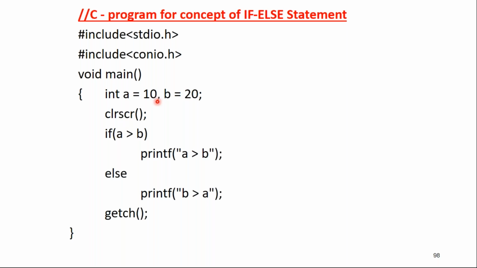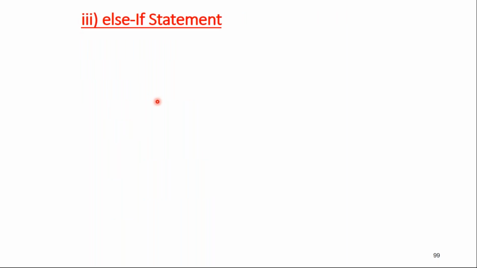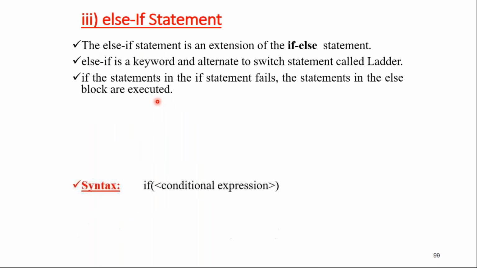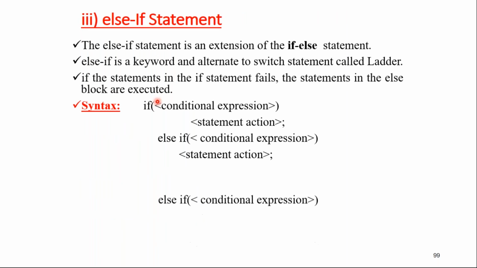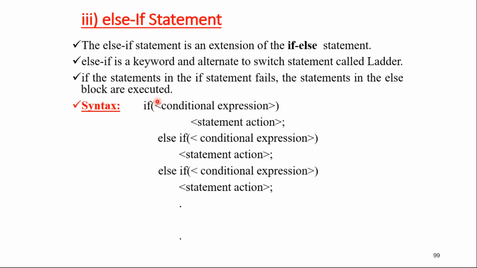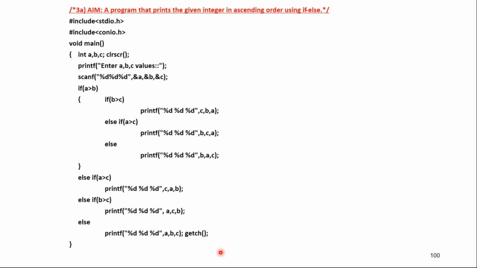In that situation, we need this kind of statement. We write one condition, and if it fails, we go to the next else if, and so on, until we reach our condition. We will see the program.